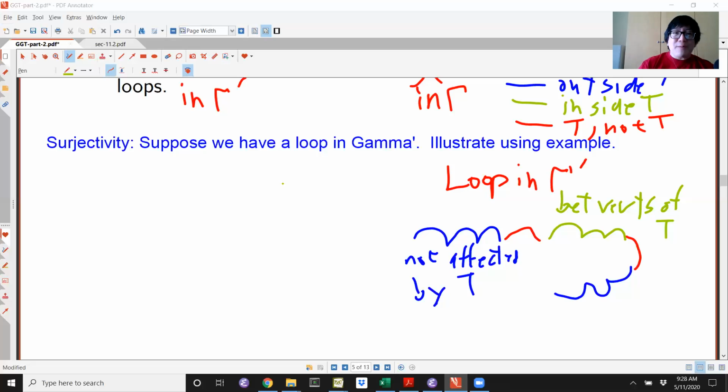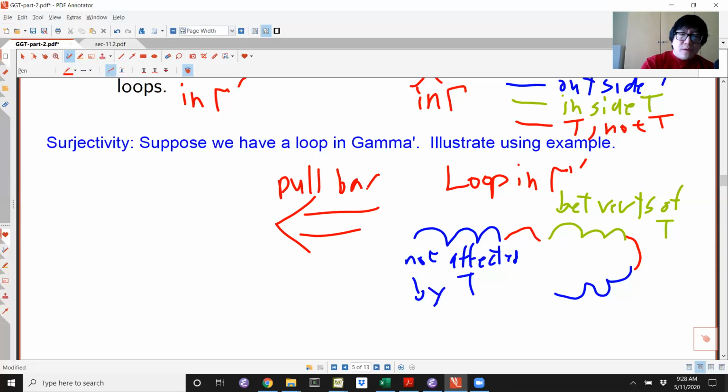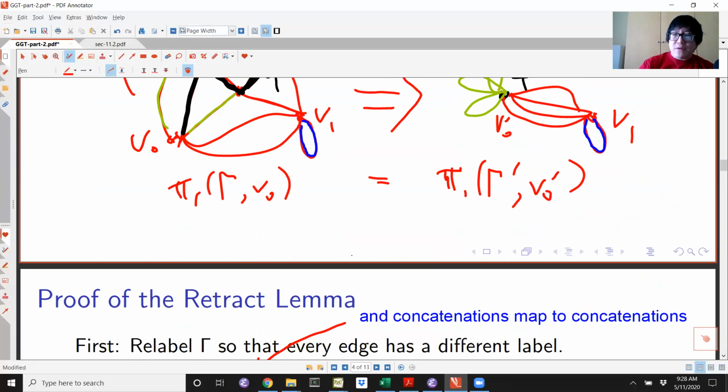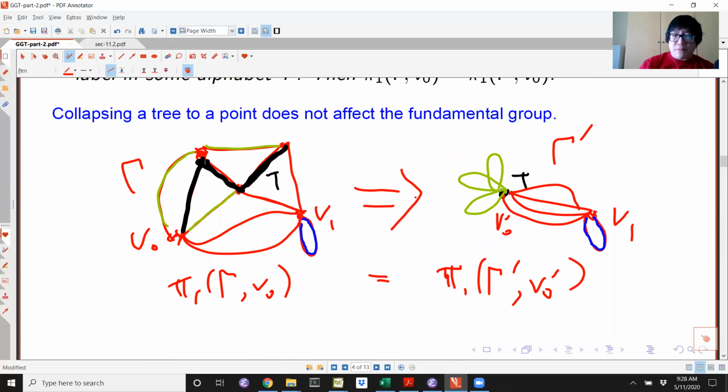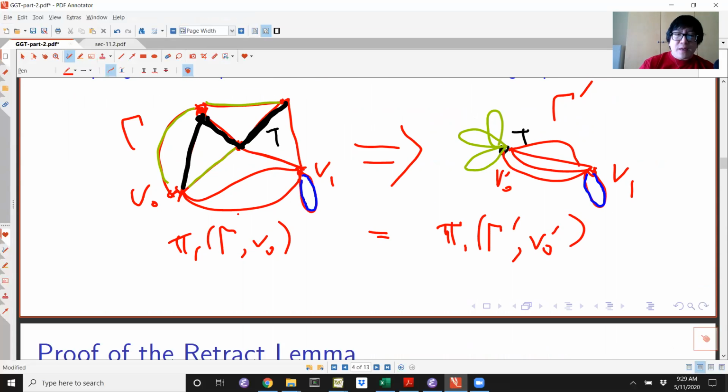Okay, all right. So now what we do is we pull back. Each of those blue and red and green edges comes from exactly one edge back here in gamma.